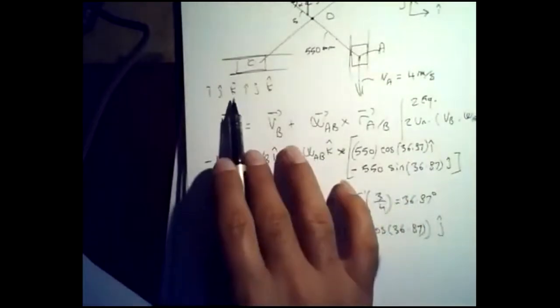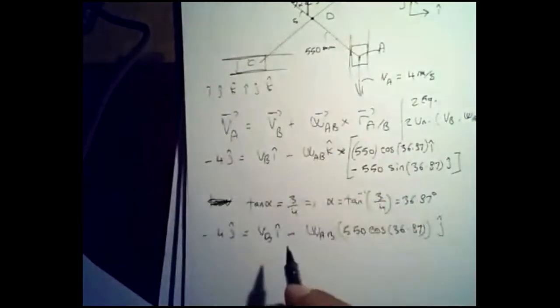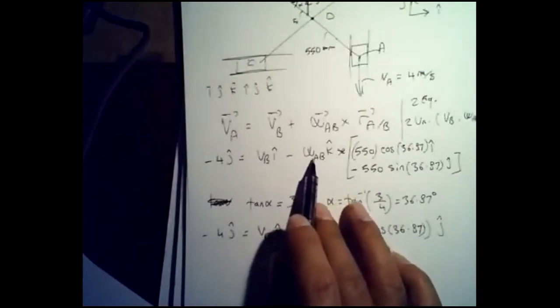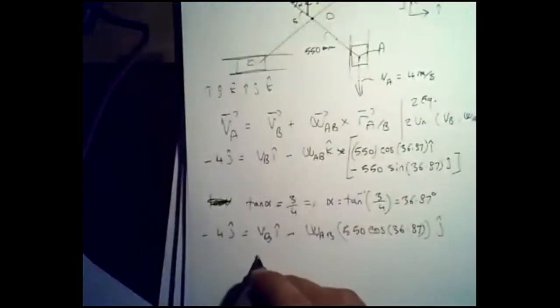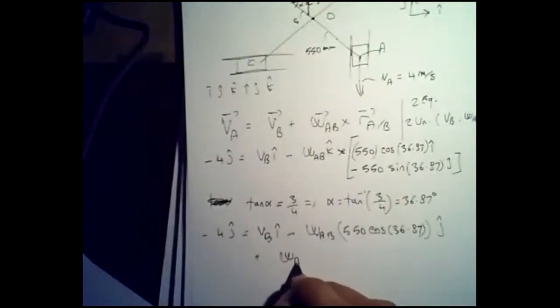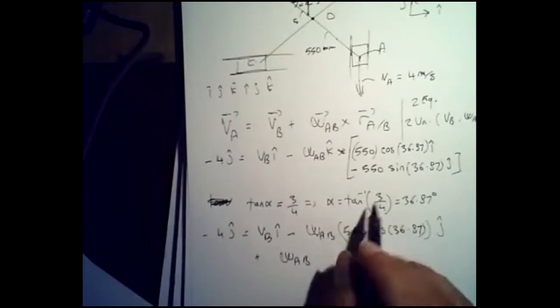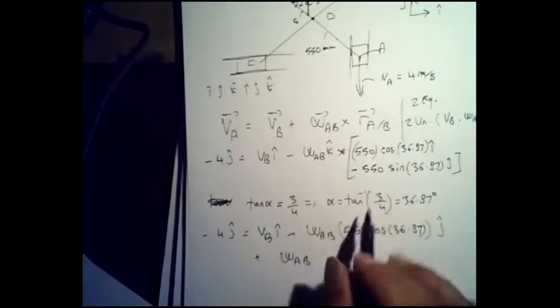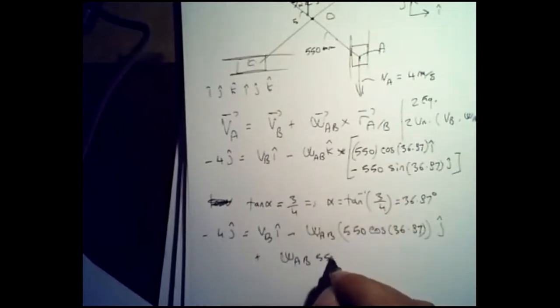K cross I is equal to J, so minus omega AB times 550. The next step is K cross J, which, coming backward, is minus I, but here we have minus, so it's going to be plus omega AB times 550.